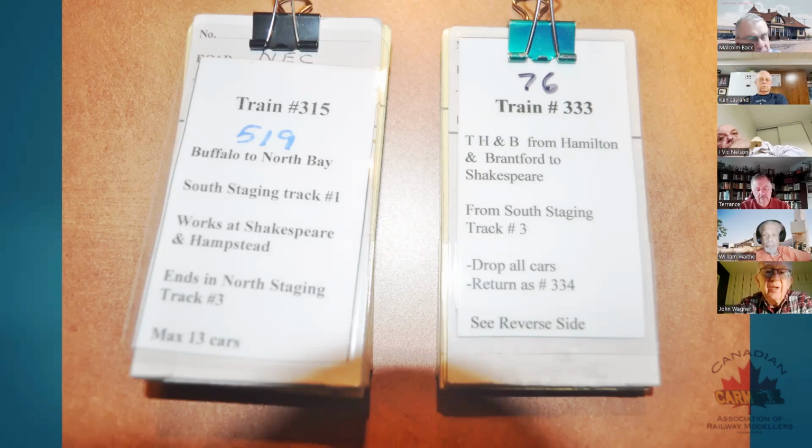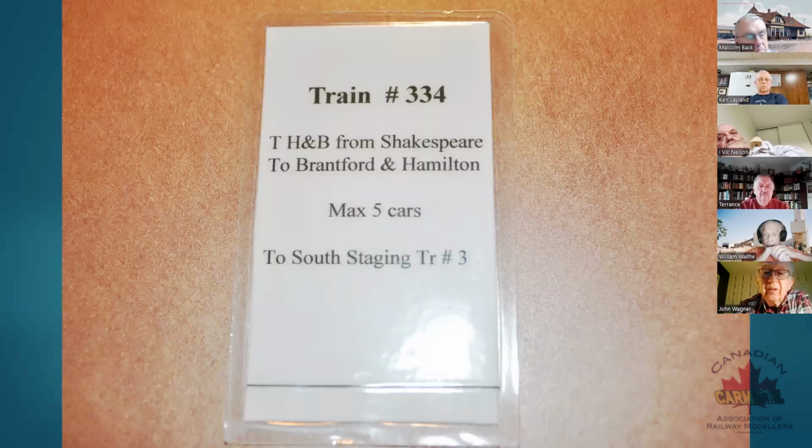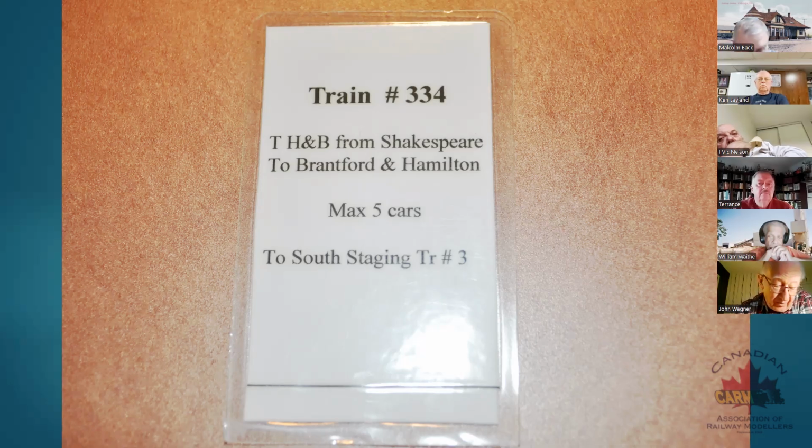Well, it's the engine number that corresponds to the decoder. 333, the TH&B, is a little simpler, just drop all the cars. Return is 334. And you flip the card over, there's 334. Goes back to South Staging Track 3, maximum 5 cars. Saves them asking me a lot of questions, so they still do.